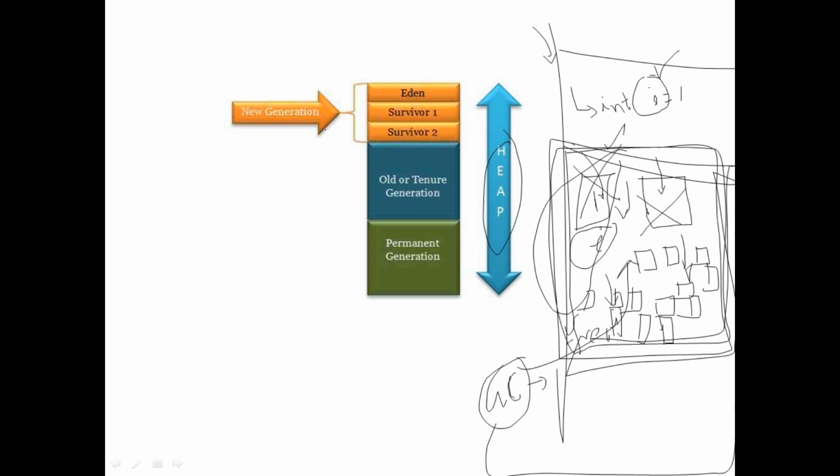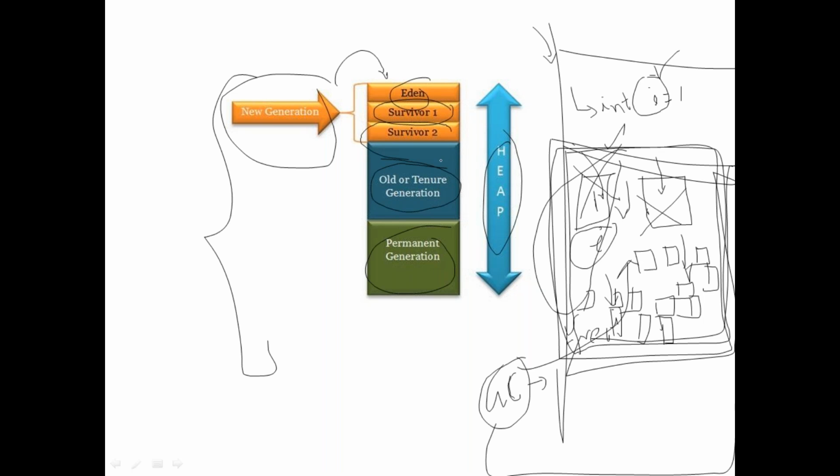So let's look into it. This heap memory is overall divided something like this. It will be divided into old or tenured generation, permanent generation, and the young generation will be further divided into three parts, which are Eden, Survivor 1 and Survivor 2. I will repeat it again.